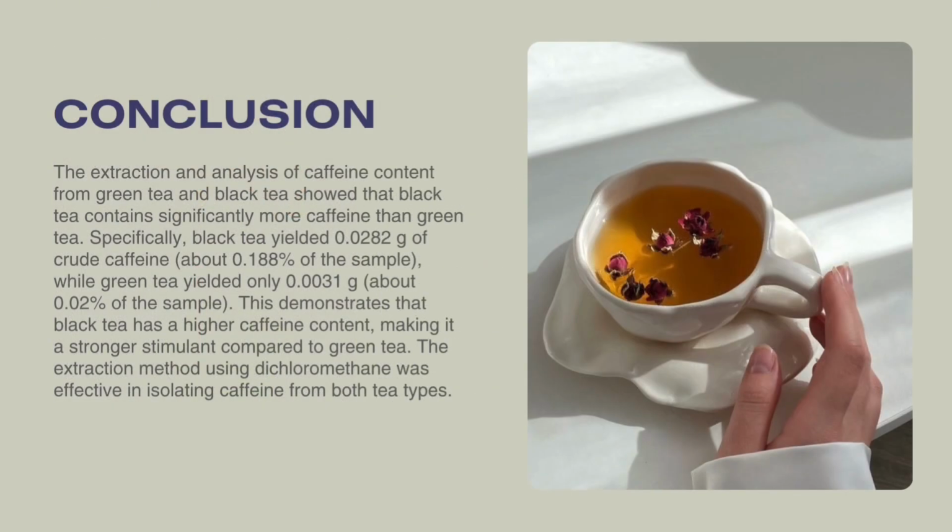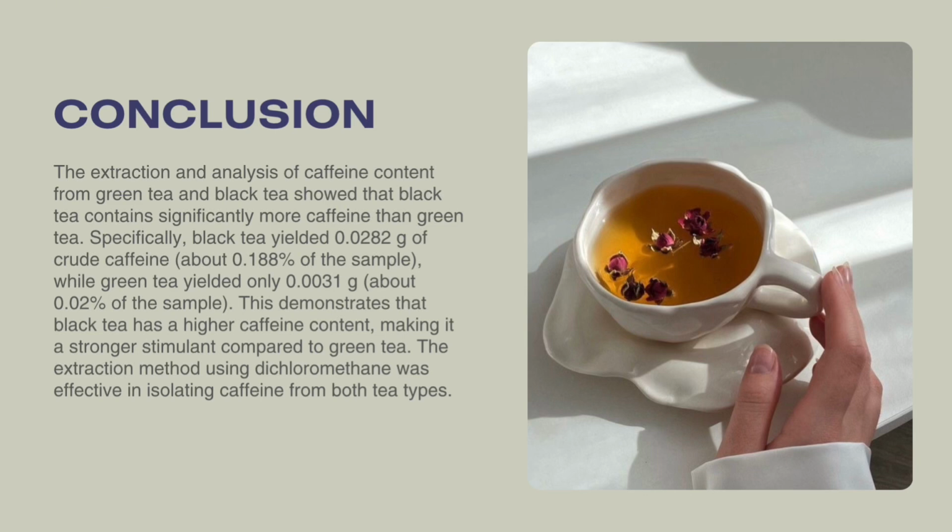Conclusion: through this project, the extraction and analysis of caffeine content from green tea and black tea showed that black tea contains significantly more caffeine than green tea. Specifically, black tea yields 0.0282 gram of crude caffeine, about 0.188% of the sample, while green tea yields only 0.0031 gram, about 0.02% of the sample.